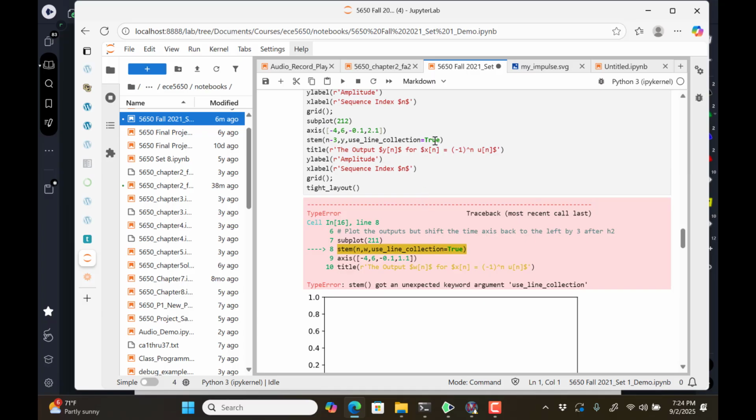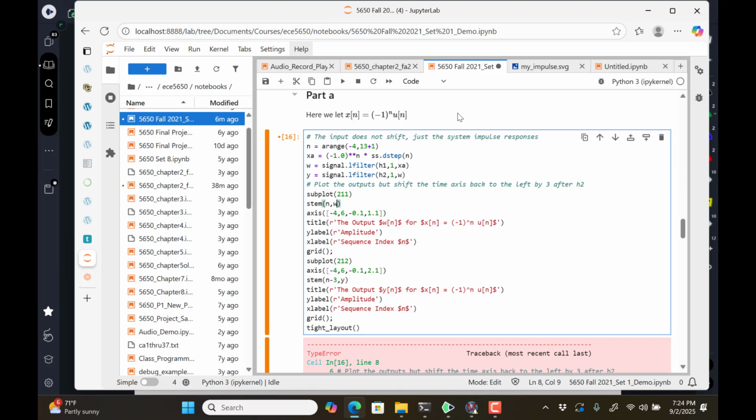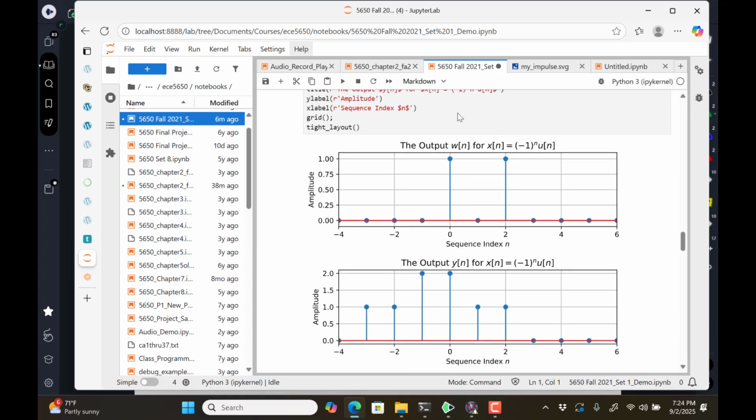And I see this has got an error in it because this line collection true was something that they had in the library for a while. So if you ever run into an error like line collection true in some of the stuff I have posted, I think I got rid of them, but I might have had an old version on my computer here. So there's an example of a filtering operation.